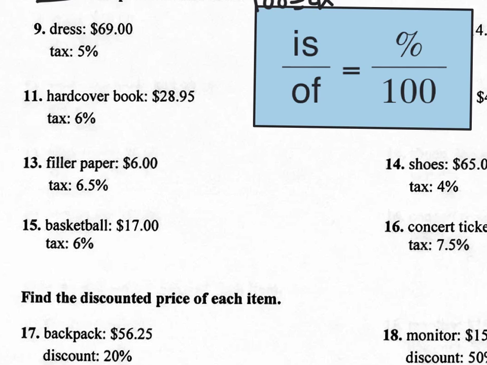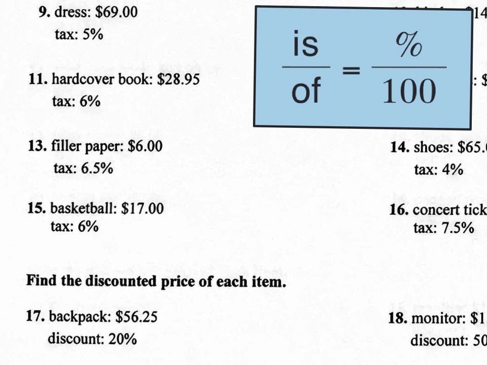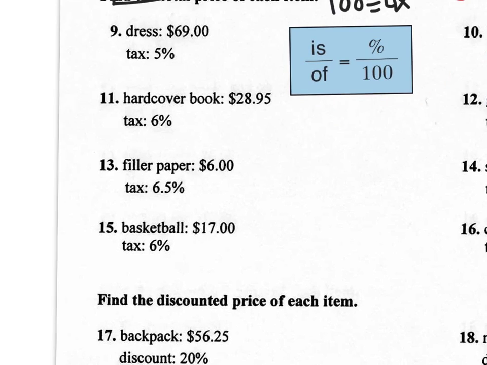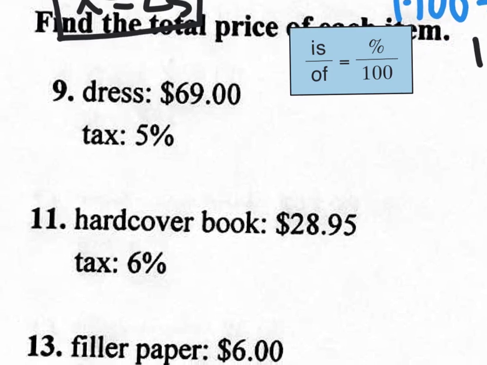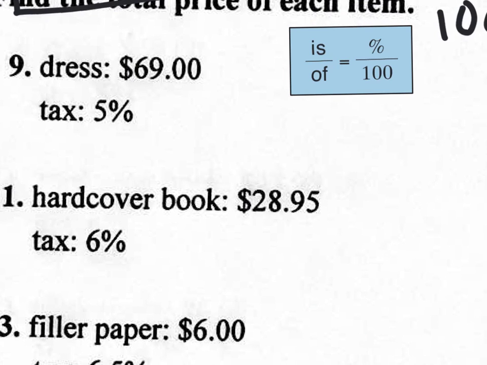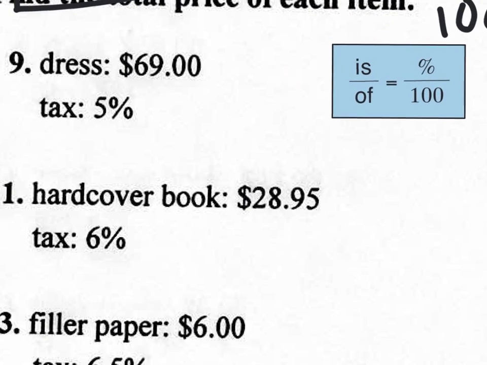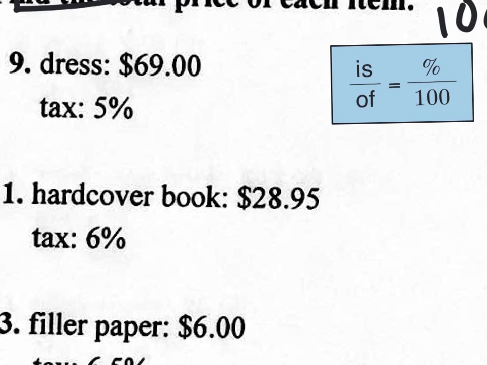Anyway, right here we have different tax rates, ladies and gentlemen, on your homework. So let's say a $69 dress. Let's say you're in Arizona because they have a cheaper sales tax than we do. You want to buy a dress.